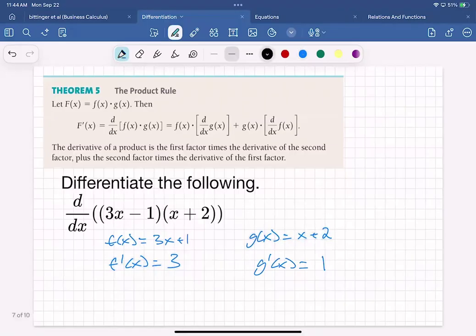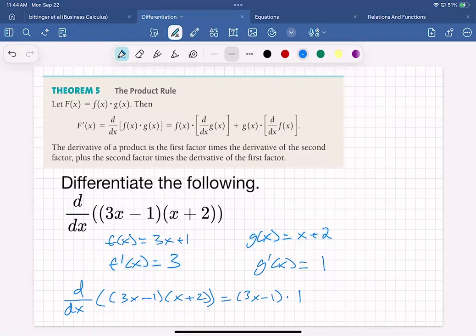So now that I have all that in place, I can go down here and say, hey, the derivative that we're looking for is found by taking that first factor and multiplying it with the derivative of the second factor. So make sure you see here, g of x, that second factor derivative, we got just 1.